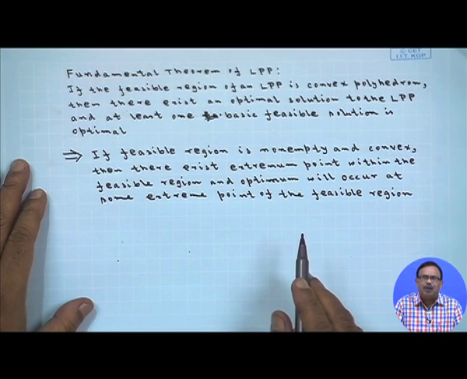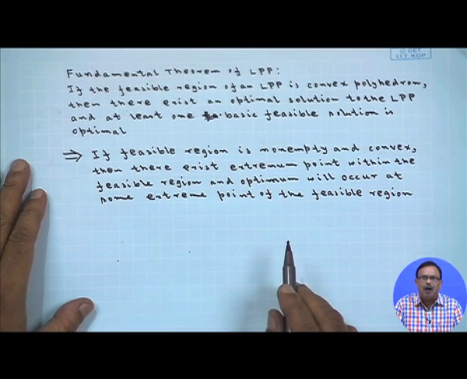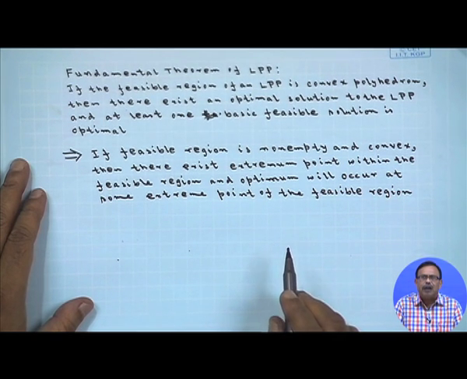So, that means inside the feasible region I do not have to check all points, but I will check only the extreme points, and at the extreme points I will find the value of the objective function, and from the value of the objective function we can tell which extreme point is giving me the optimum value.